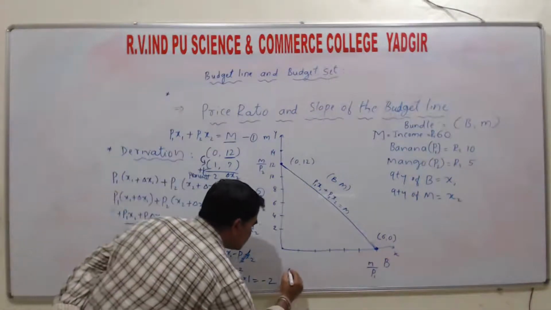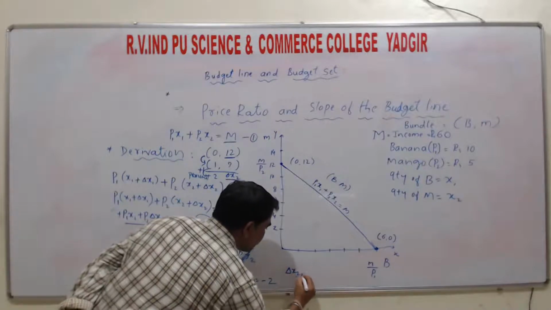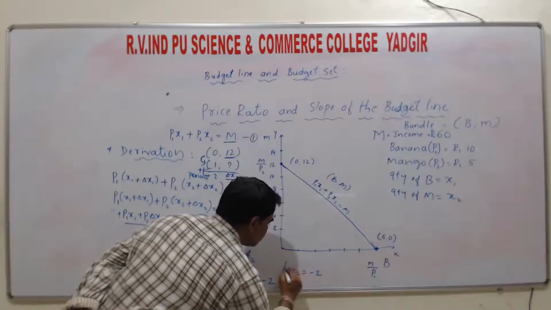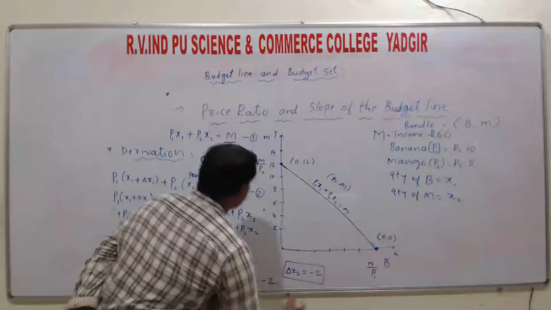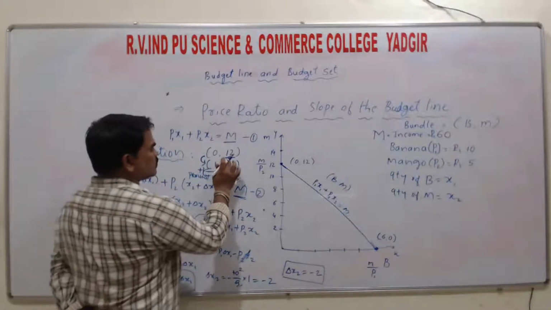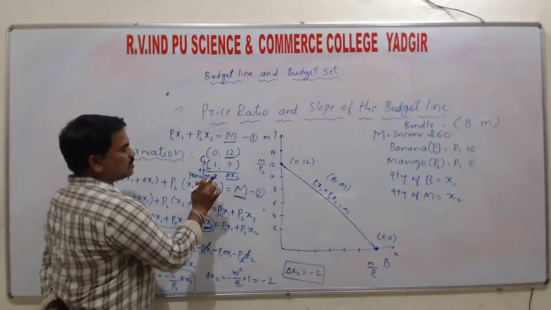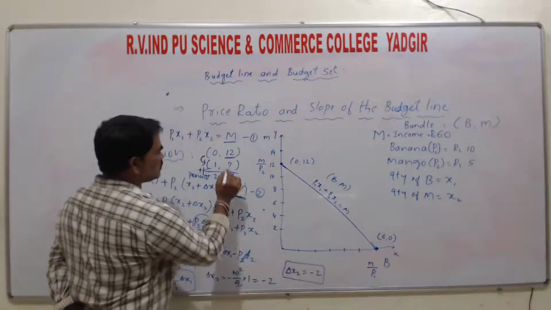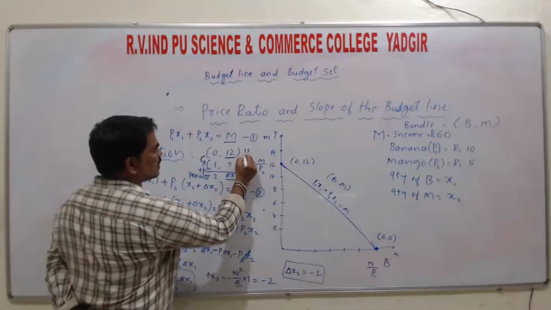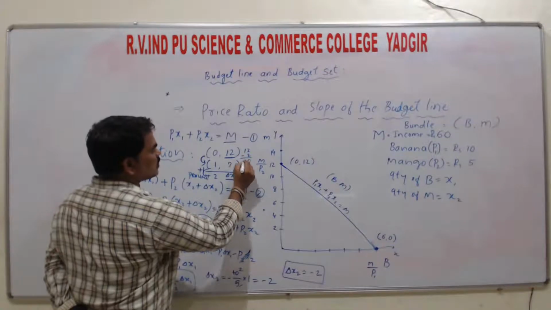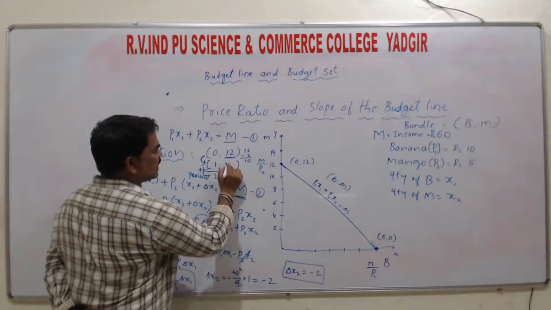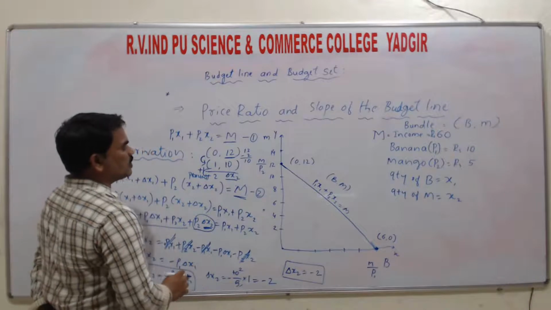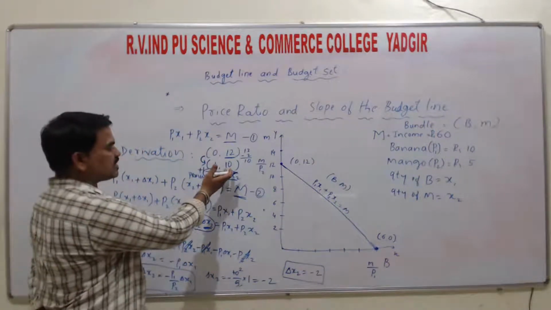Now we will put that. He has 12, and now he has to change the quantity of mango by 2. 12 minus 2 is 10. So this is the quantity he will get now. So that is true, we already cross-checked this.